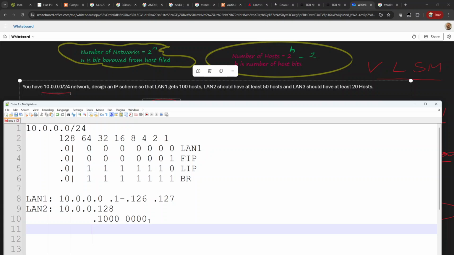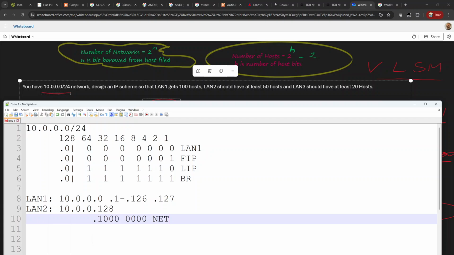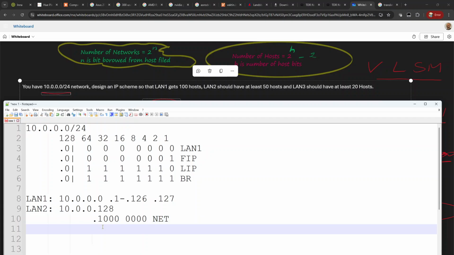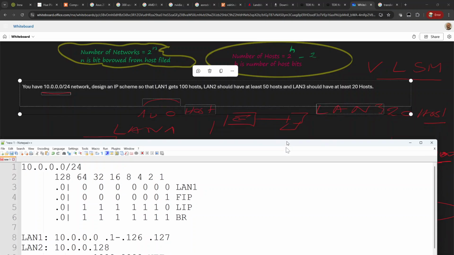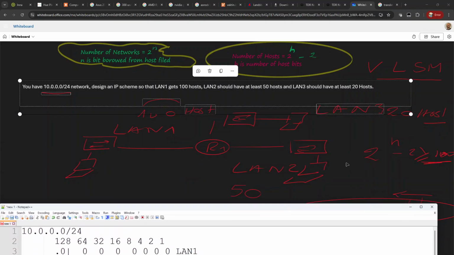So right in 128, this will be the network, and then copying all those bits here 3 times. We didn't figure out how many bits need to remain in the host field before copying. So that's 128, and then we ask, we need 2 to the power of h minus 2 greater than or equal to 50 this time.